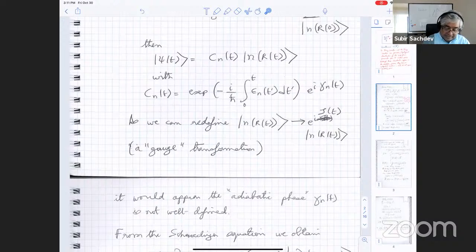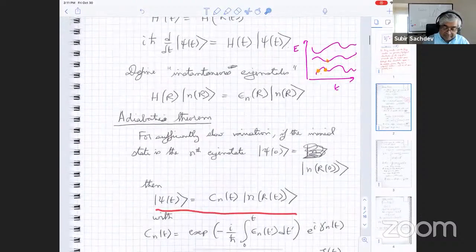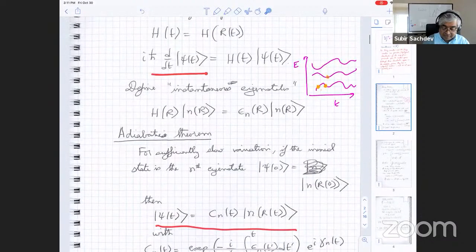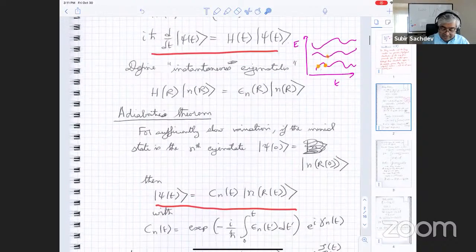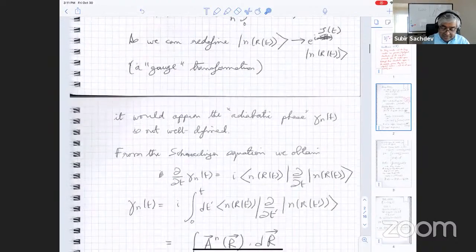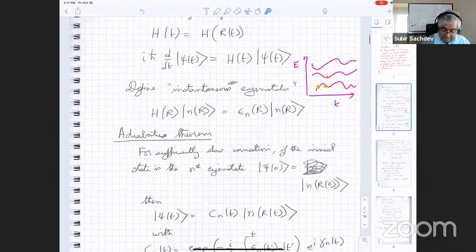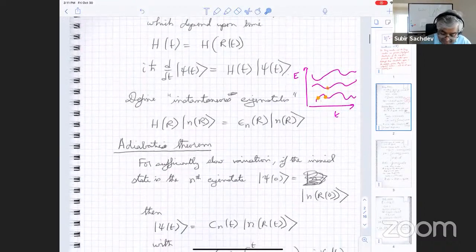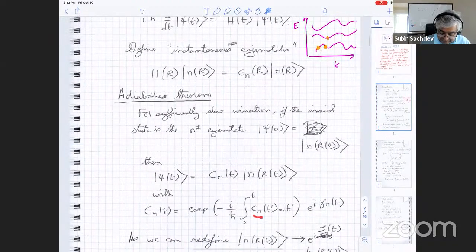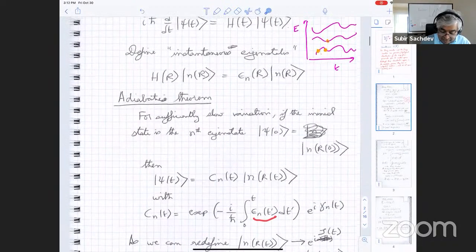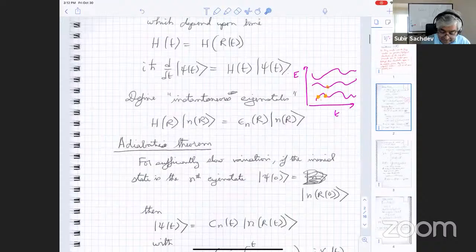Okay, so you take this ansatz, which you have here, and you plug it back into the Schrödinger equation, which is here, the time-dependent Schrödinger equation, and just take the time derivative of everything. Then what you'll find, so there's a couple of steps I skipped here. When you take the derivative of this, you'll pull down a factor of epsilon n, and that will precisely cancel the fact that H acting on psi gives you a factor of epsilon n.